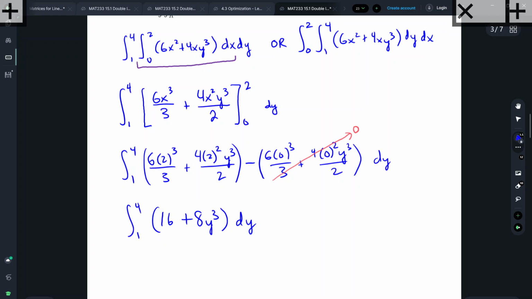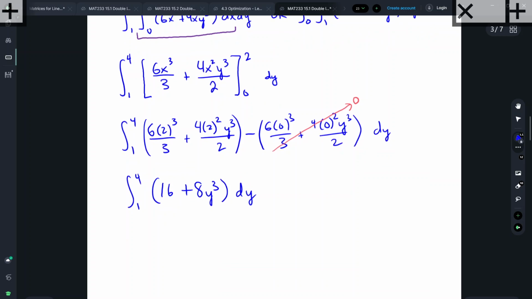Before we continue with the calculation, notice after this evaluation, this completes the inner integral. Notice how this expression can still contain the variable y. However, now this outer integral is just a regular ordinary integral with a single variable.